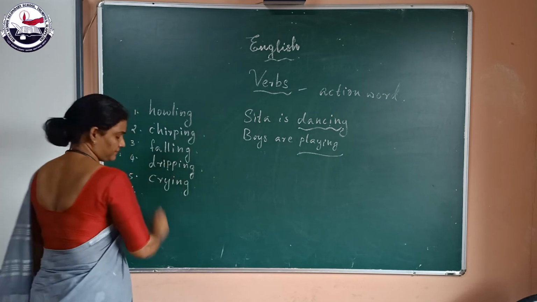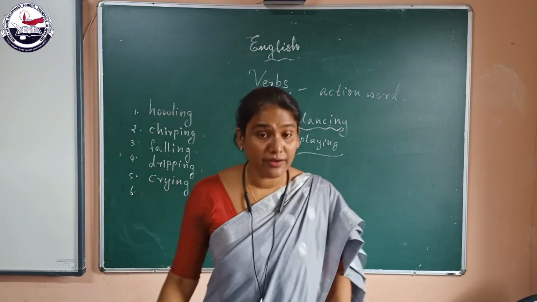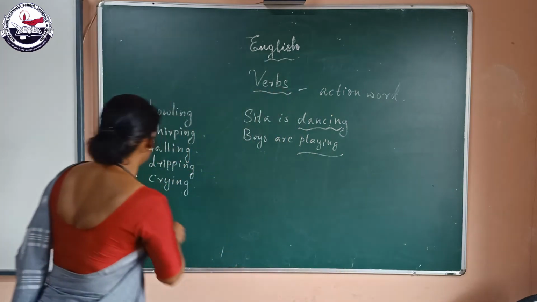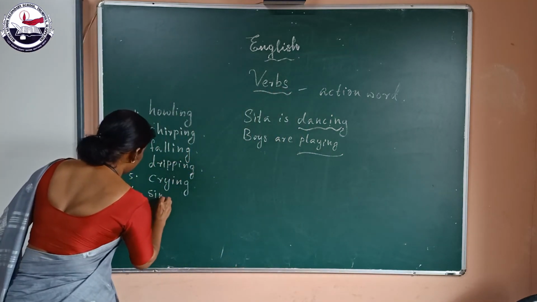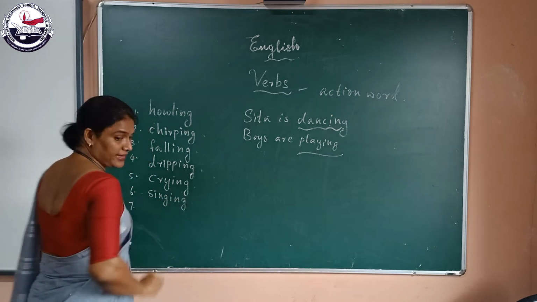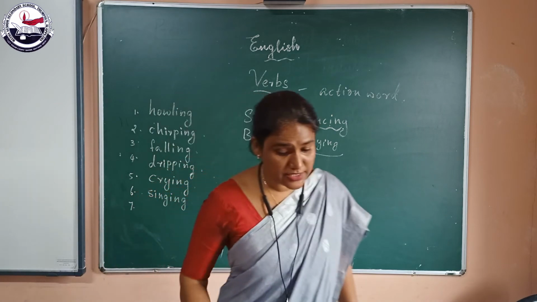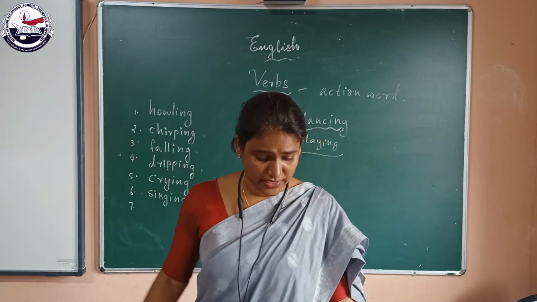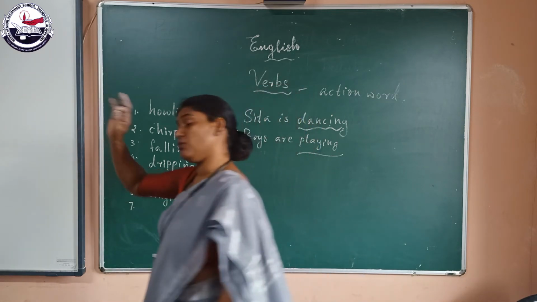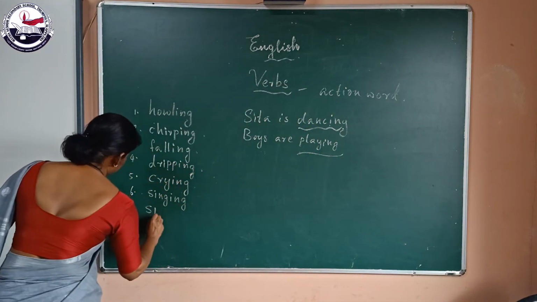Sixth one, the choir is singing beautifully, singing. Question number 7, the train is dash out of the station. The train is speeding out of the station.